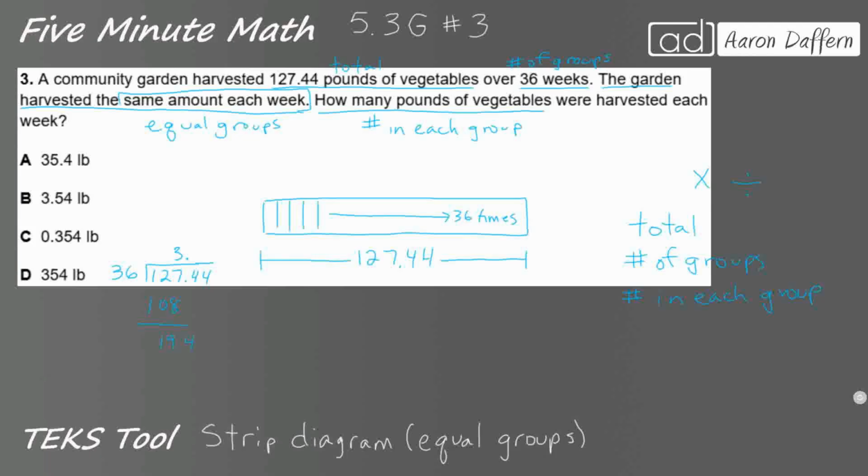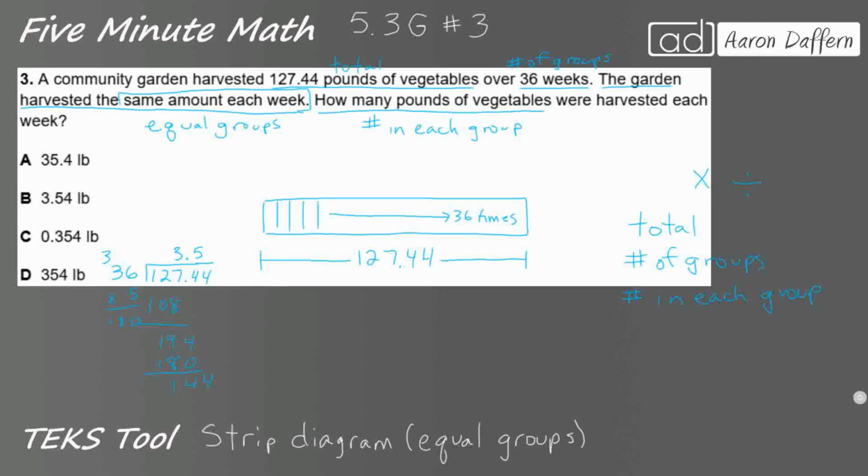So that's going to get us 19 and 194. Now we're going to have to do a little bit of guesstimation here. If 36 times 3 was 108, 36 times 6 would be too big. So I'm going to guess it's going to be 5. Let's see, that's 30, that's 150, 180. That works. So let's put a 5 right there. 180. So I'm at 14, 144.